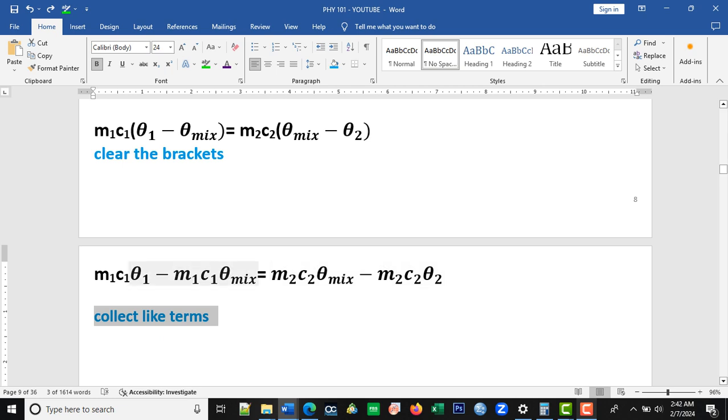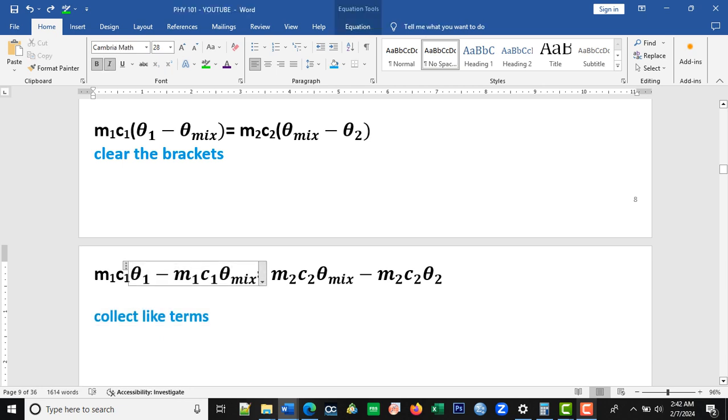And of course, we can see here we have minus M1 C1 θ mix and M2 C2 θ mix. So we are going to put both of them, those with θ mix, on one side, and then the other ones on the other side. And when we do that, we have to take note of the signs.